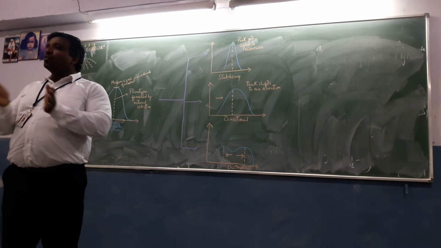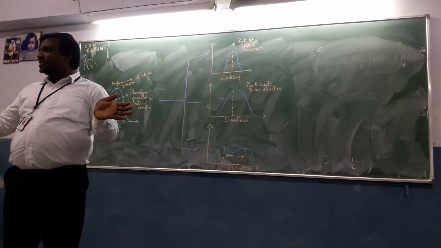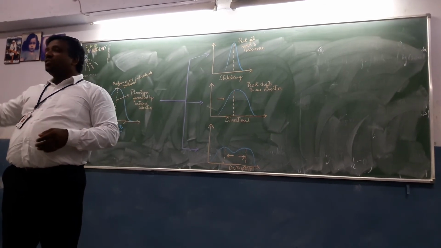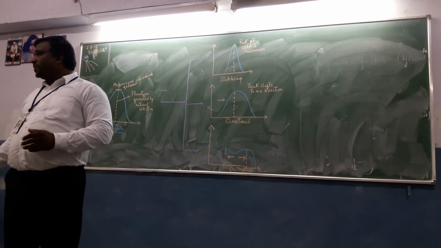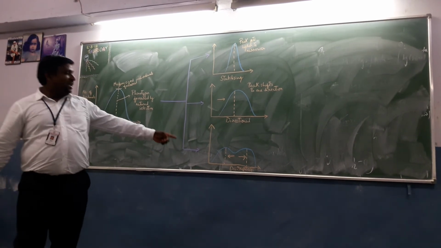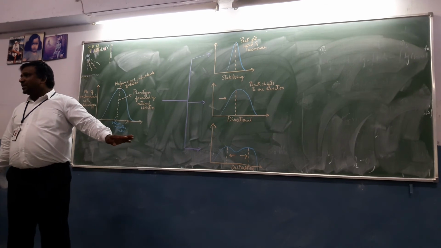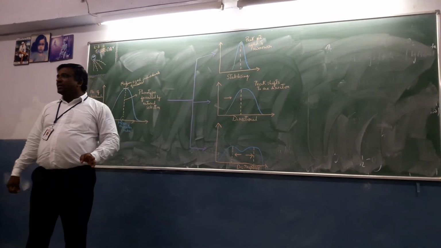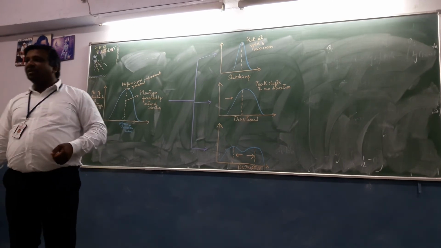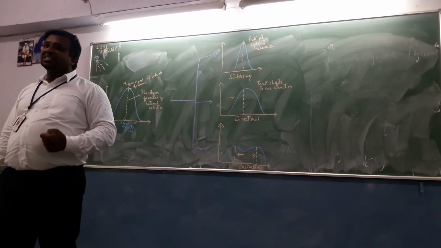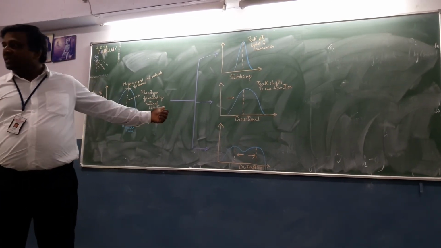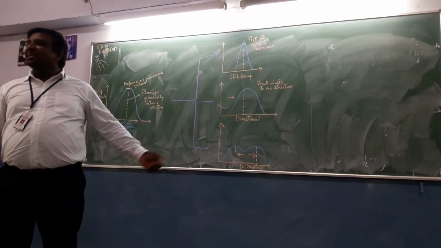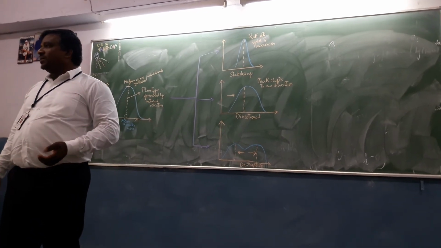If it leads to 2 opposite directional changes, it is disruption of that phenotype in that population. We call it disruptive natural selection. These are the three types you have to remember. Whenever they ask you about factors affecting Hardy-Weinberg equilibrium, you have to draw this and explain the natural selection process.